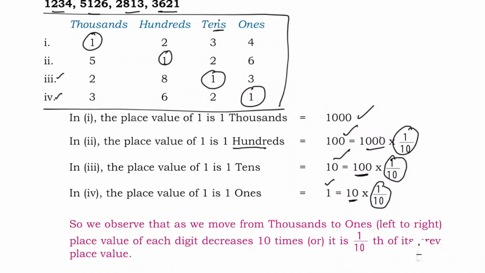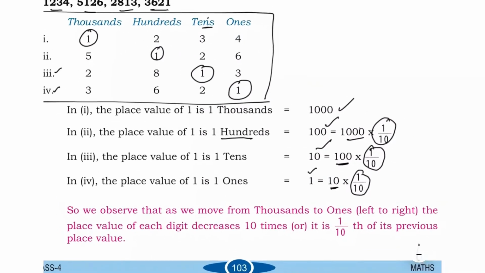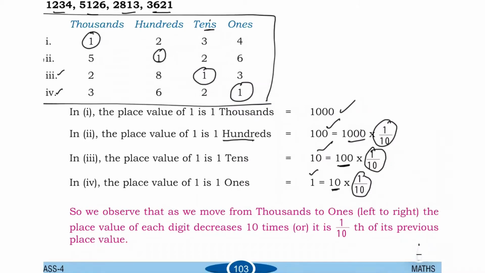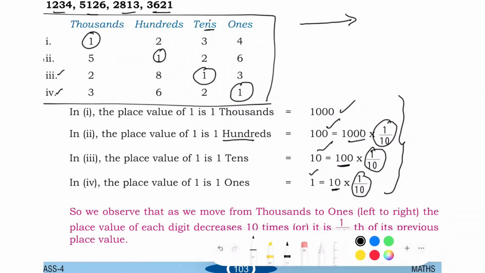Now, from this, can you make any observation? We observe that as we move from thousands to ones, that is from left to right, the place value of each digit decreases 10 times, or it is 1/10 of its previous place value. Have a look at this.